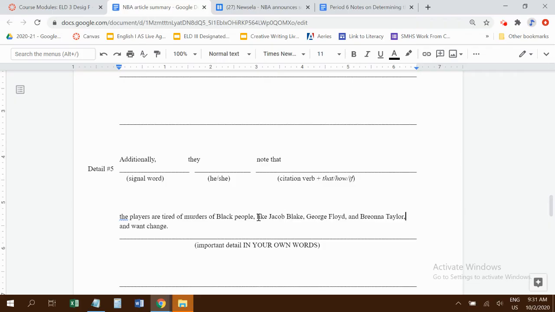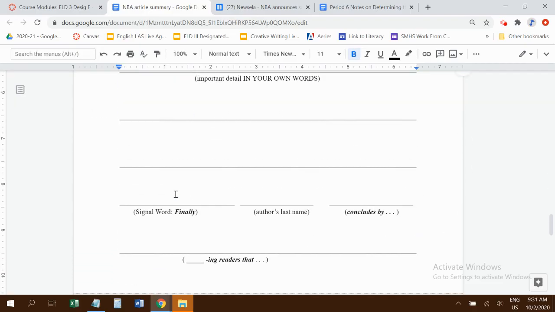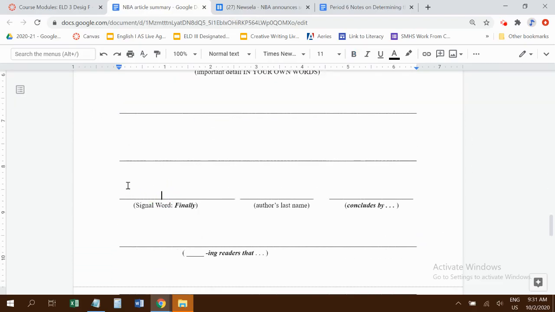But this part is optional. This is just if I want to add a little more detail. But I'm going to keep it in there. Gives me a slightly more complex sentence. Additionally, they note that the players are tired of murders of Black people like Jacob Blake, George Floyd, and Breonna Taylor and want change. Okay, and now I need to wrap up.